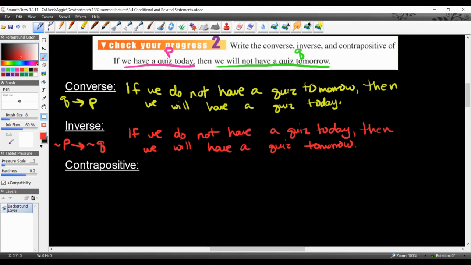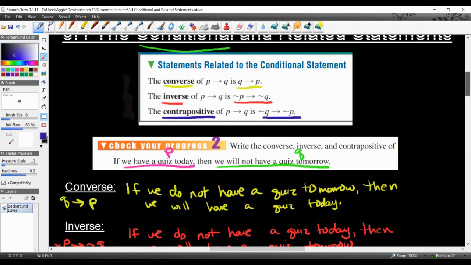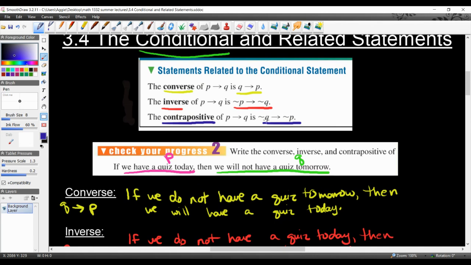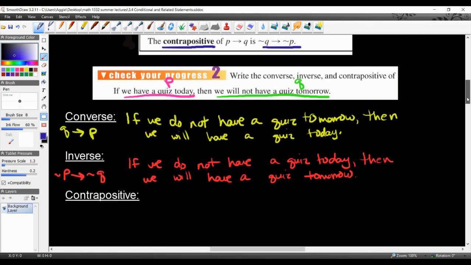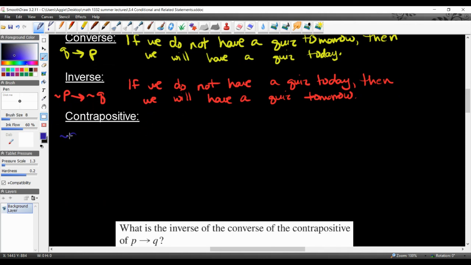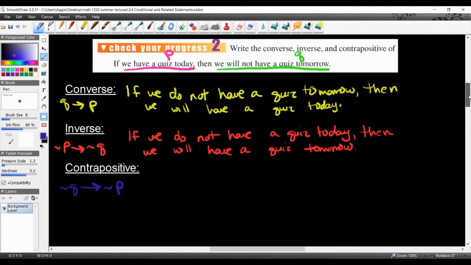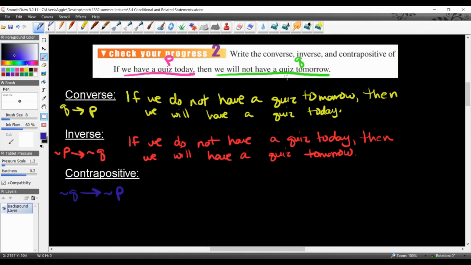Okay, and the last one, last but not least, is our contrapositive. Contrapositive, again, is going to be this one right here: not Q implies not P. And that would be not this one.